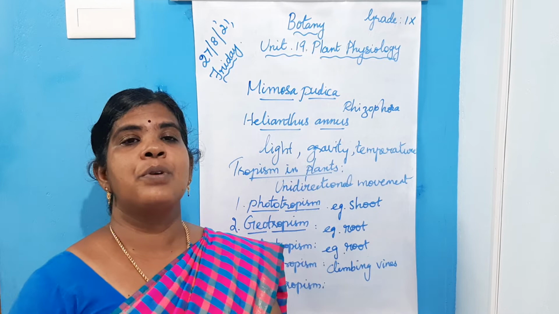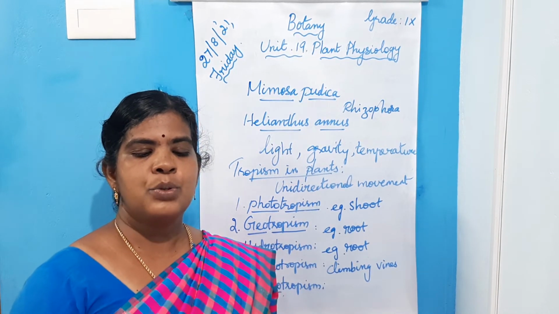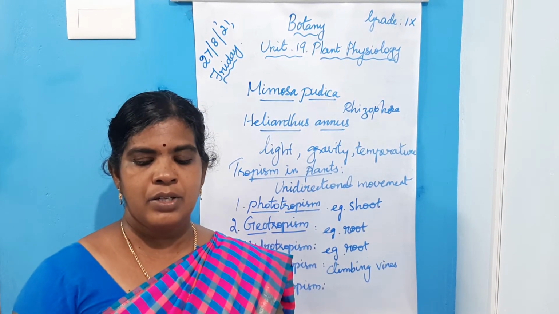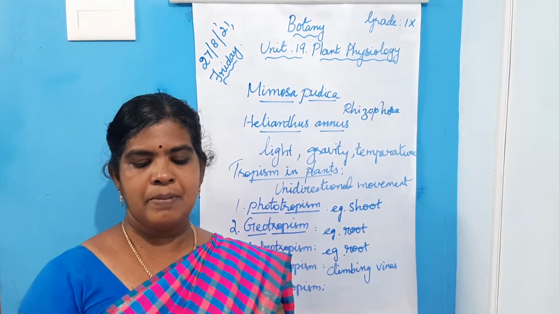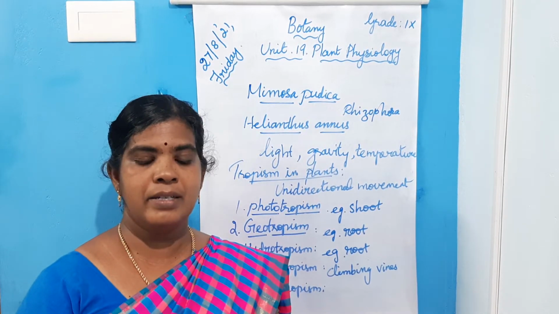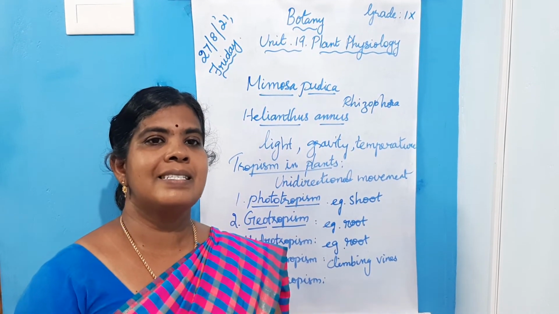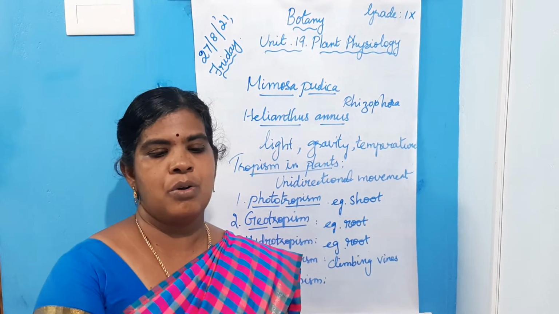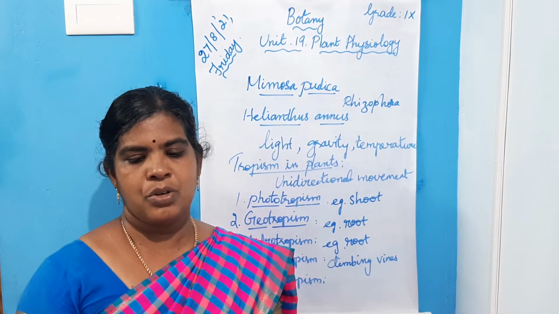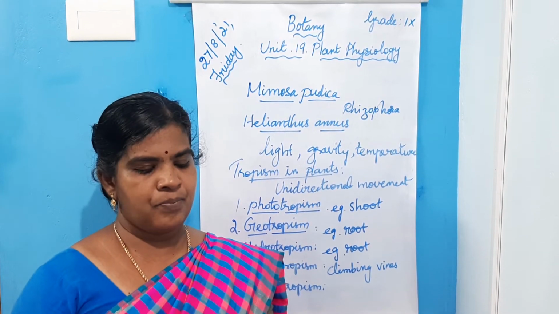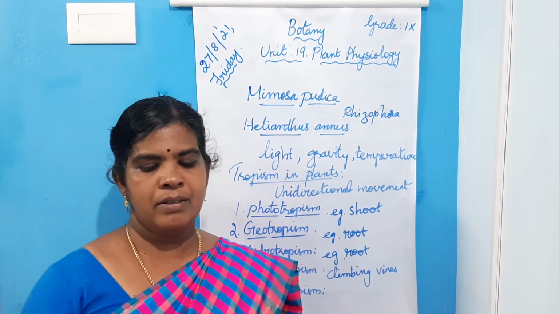Choose the correct answer. First one, the tropic movement that helps the climbing vines to find a suitable support. What is the answer? C option, Stigmatropism. Next is the fifth one.